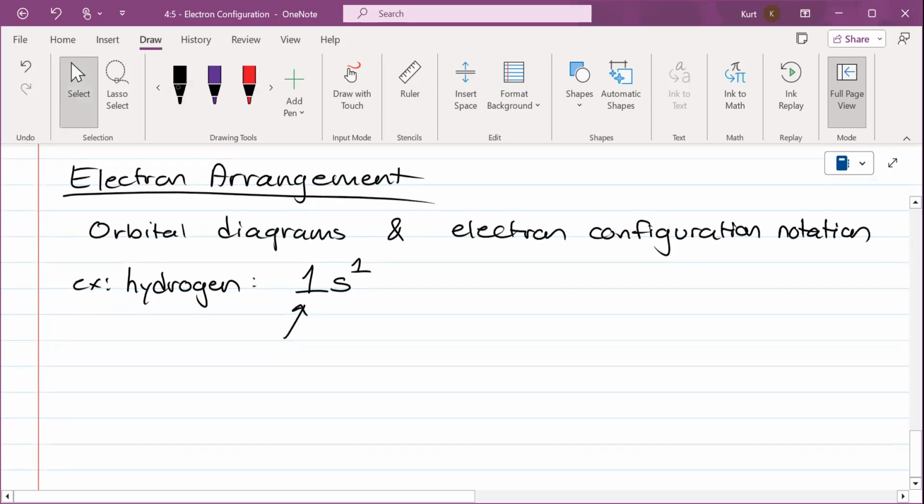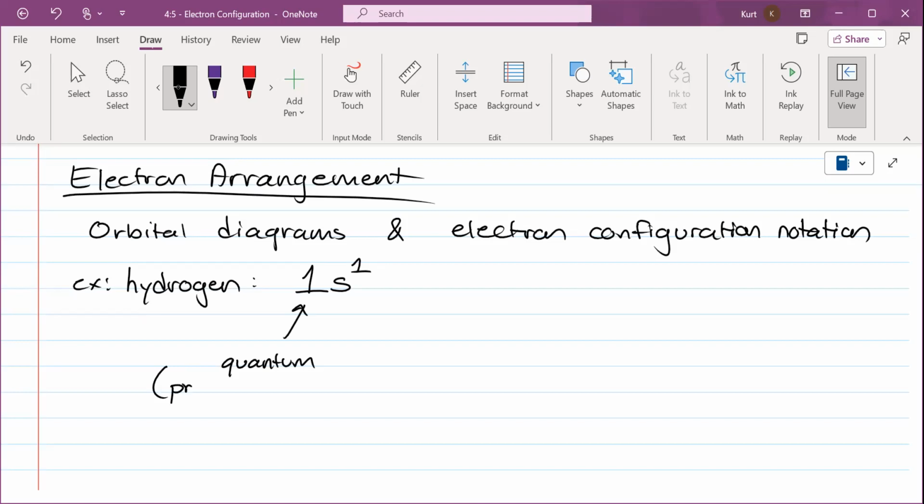That big 1, that coefficient, that is a quantum number. It is also known as the principal energy level. You know what number to choose based on the row that it is. And the row is actually called a period.